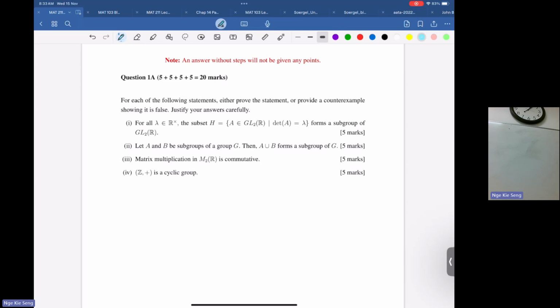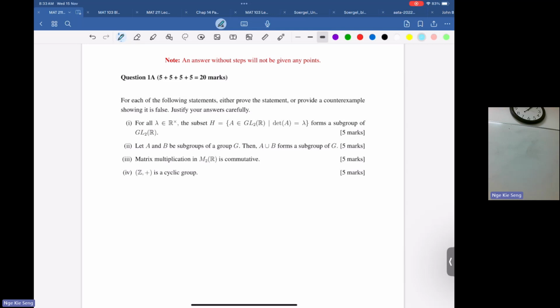A very typical example: the group Z, with subgroups 2Z and 3Z, multiples of 2 and multiples of 3. If you take the union, 2 and 3 are in there. But is 2 plus 3 there or not? 5 is not a multiple of 2 or 3. So it's not there. It's not a subgroup, not closed.